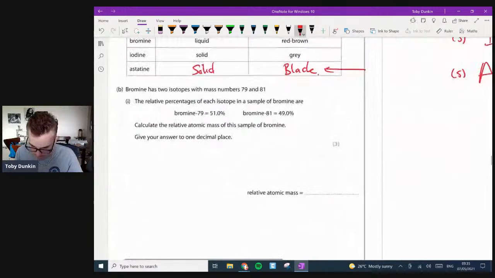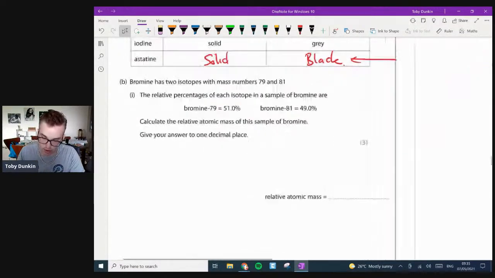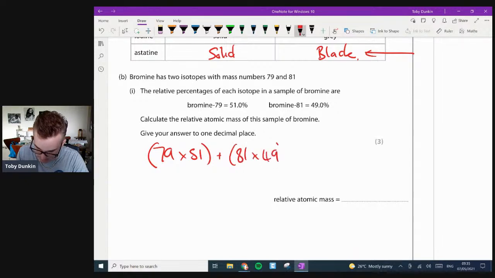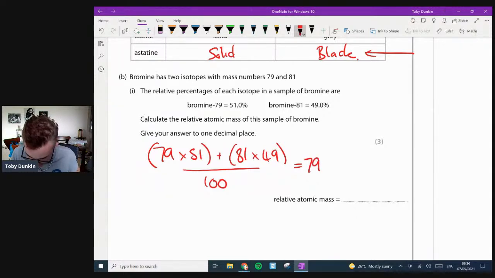Yeah. Next, calculate the relative atomic mass. So this is a good old relative atomic mass question. So 79 multiplied by 51%, add that to 81 multiplied by 49%, all over the total percentage of 100. 79 times 51, plus brackets, 81 times 49, close brackets, all divided by 100, and I get an answer of 79.98, and it says give it to one decimal place, which means it goes to 80.0, because it rounds up.